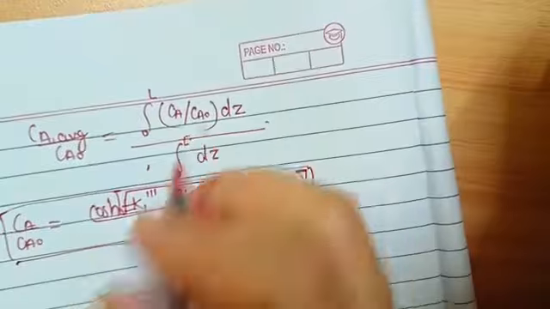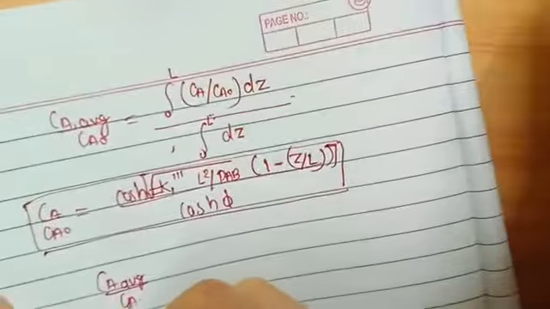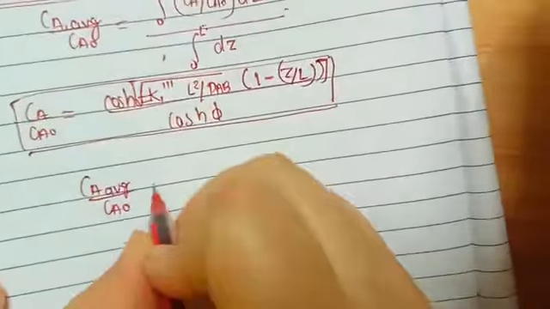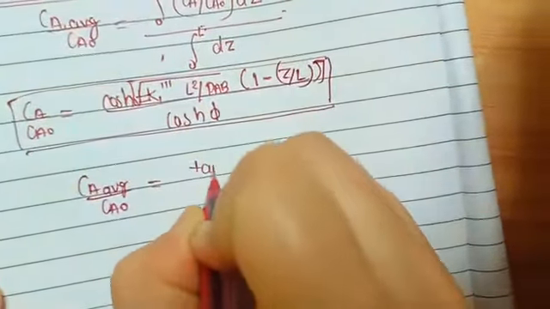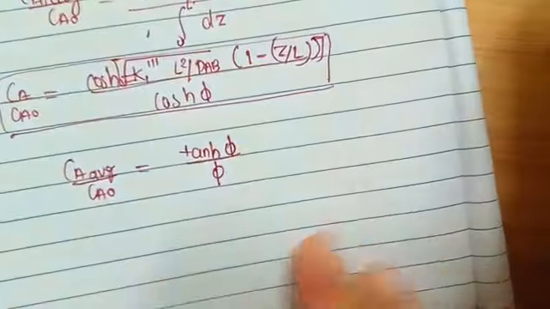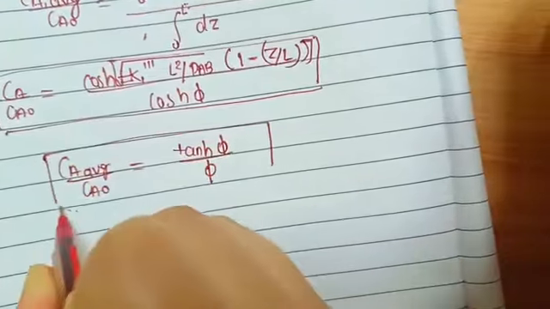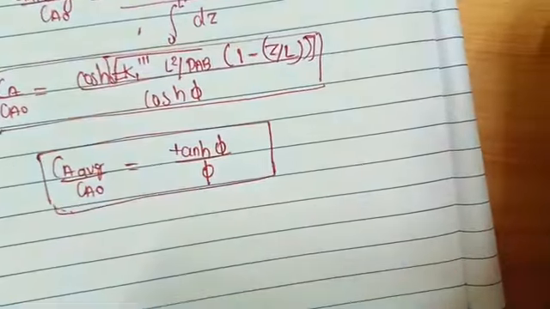After solving this we get Ca average upon Ca naught is equal to tanh phi upon phi. So this is the equation for the average concentration.